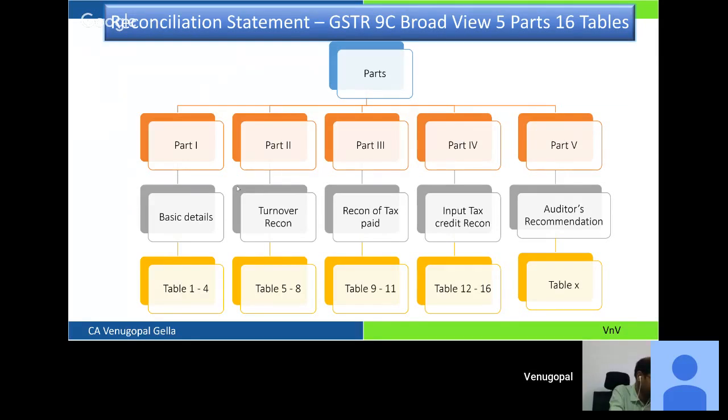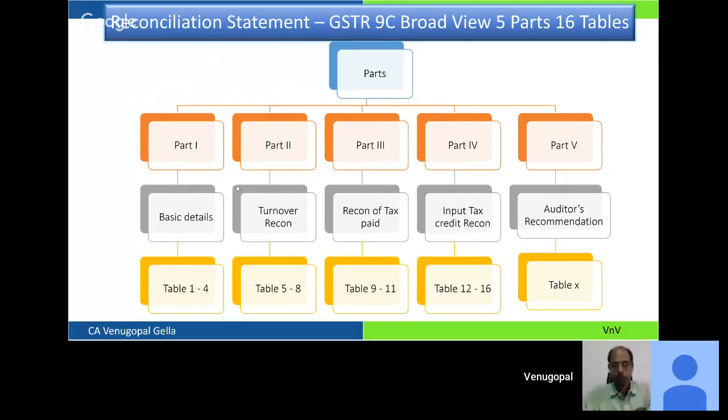So the duty of the GST auditor is to check the correctness of the turnover and the correctness of the exemptions claimed. Maybe the turnover and exemptions claimed are correct, and the taxable turnover that the SSE is disclosing and what is there in GSTR-9 is matching. Maybe the rate of tax might not be the same. Even if the rate of tax is the same, the input tax credit claim might not be the same.